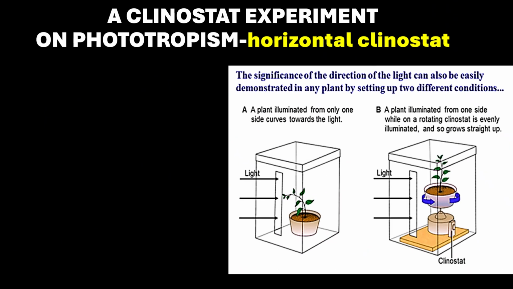Now, there's another way of proving geotropism or phototropism. In this particular experiment, this is what they did. They placed two plants, A and B, inside a box, and only one side was illuminated to provide a unilateral light source.